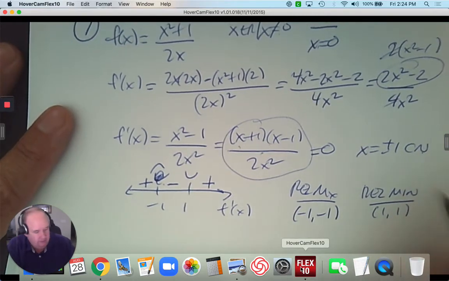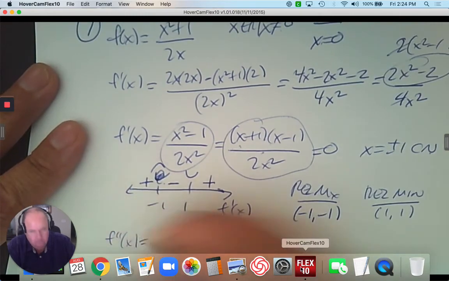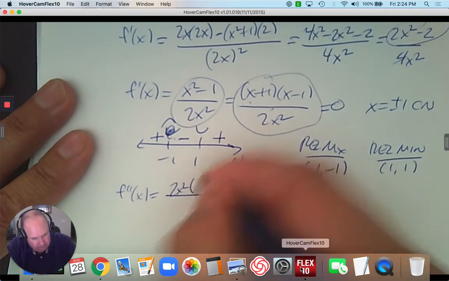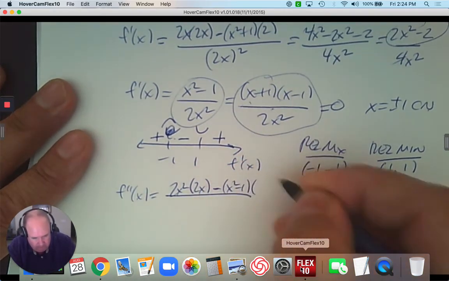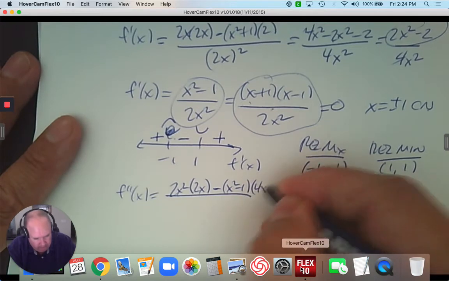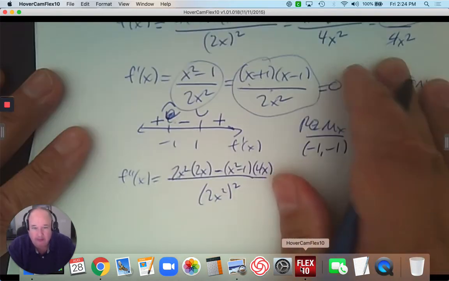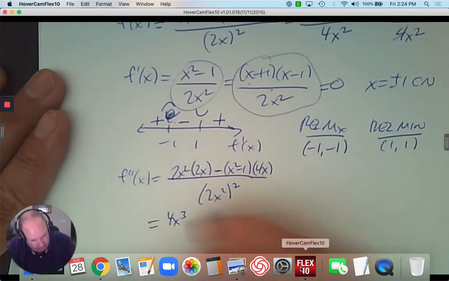if I took this and found the second derivative, that's the bottom times the derivative of the top minus the top times the derivative of the bottom, and then the bottom squared. Just focus on the top. You would have 4x cubed.